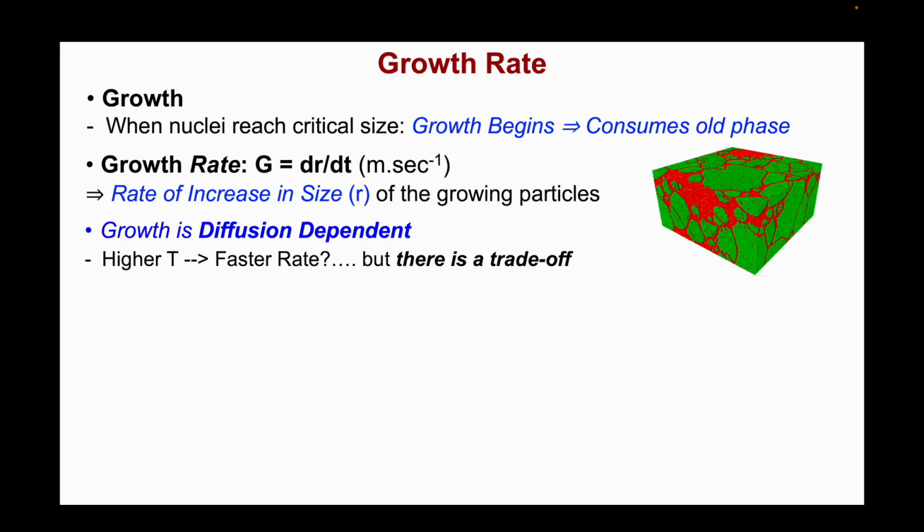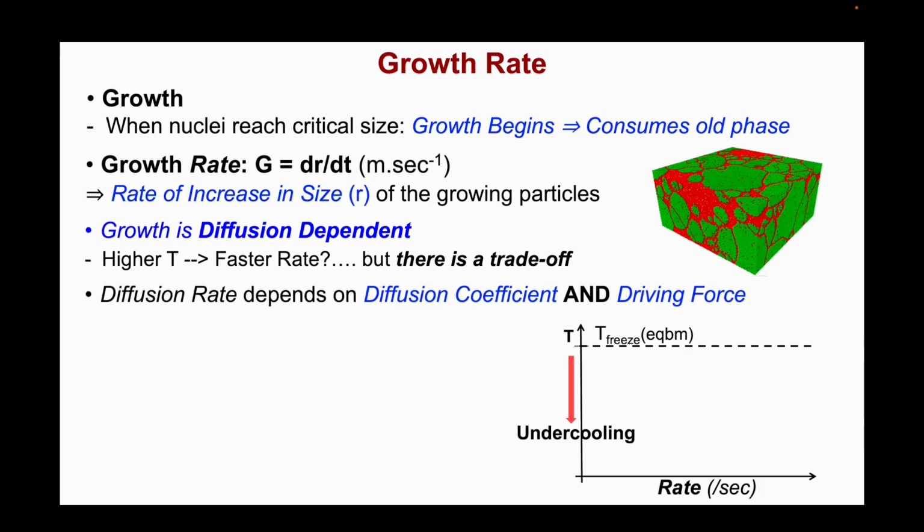However, there's a trade-off, because the rate of diffusion also depends on the driving force for atom movement, i.e. the difference in the stability of the atoms in the two phases. Technically, this is the difference in the chemical potential of the species in the two phases. We know the driving force increases with delta T, so this would favour increased growth rates at lower temperatures.